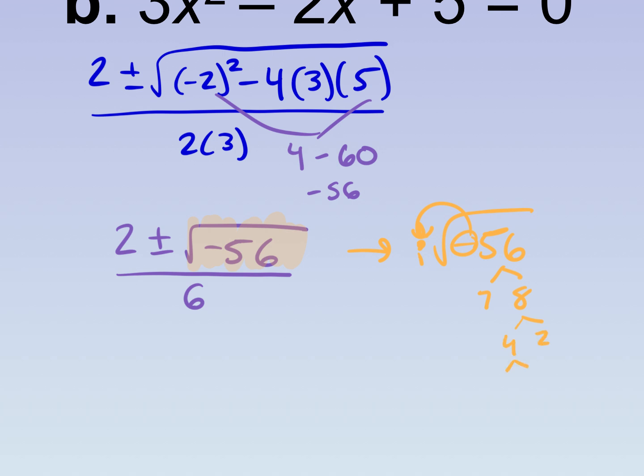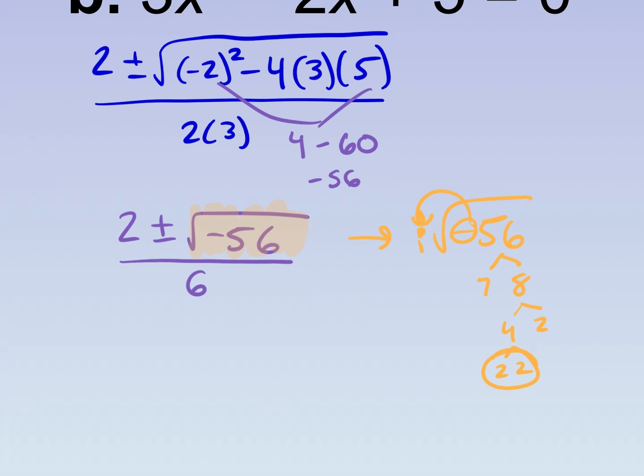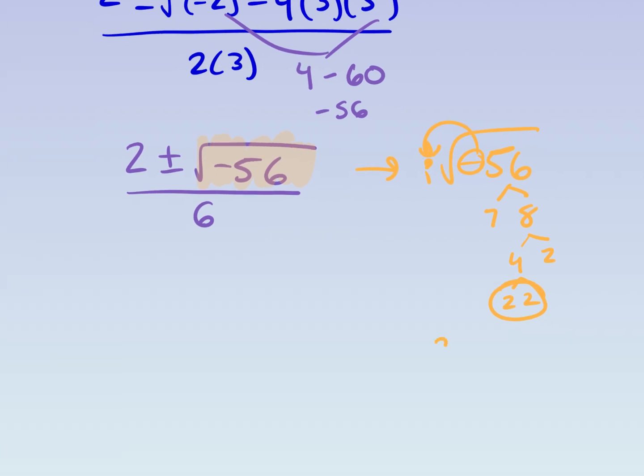And 2 factors of 4. 2 and 2. So I have a pair of 2's. So 2 can come outside. So we've got a 2i on the outside. What has to stay on the inside? 7 and 2. So 14. So this simplifies into 2 plus or minus 2i square root 14 over 6.